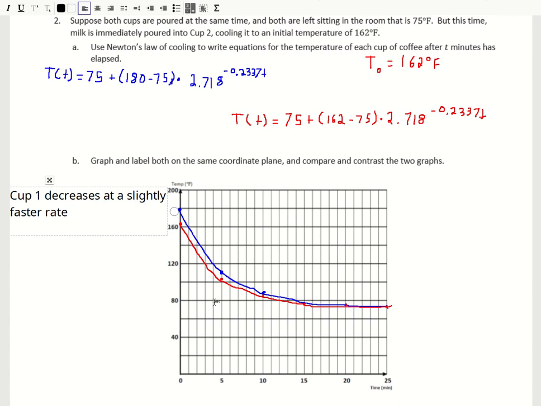But our red cup started at a lower temperature, so cup 1 got there quicker. But cup 1 and cup 2 both level out at the same temperature, right around that 75. They're both going to be leveling out at 75 degrees.